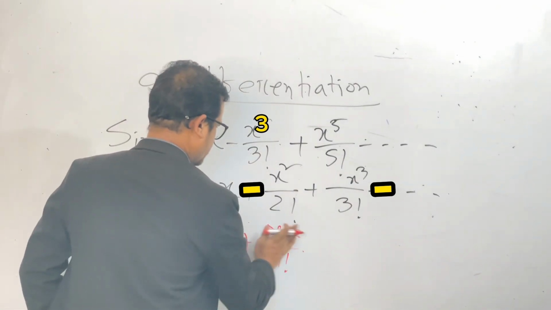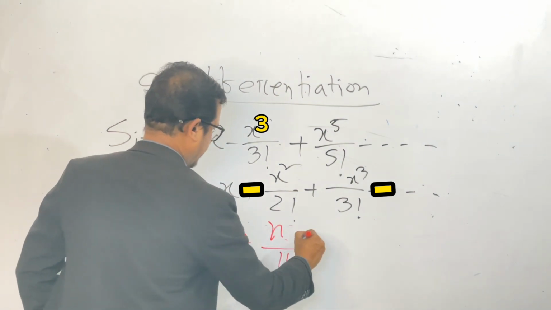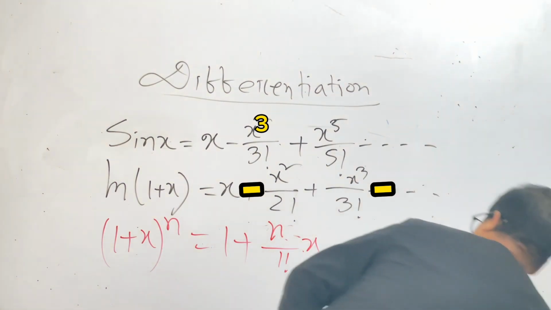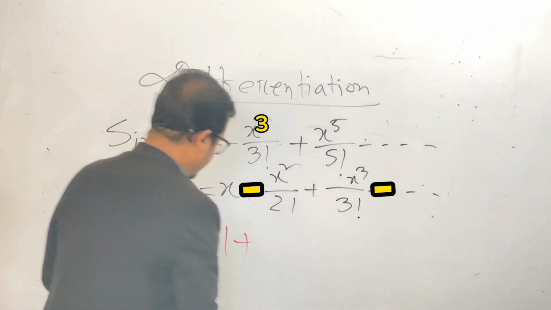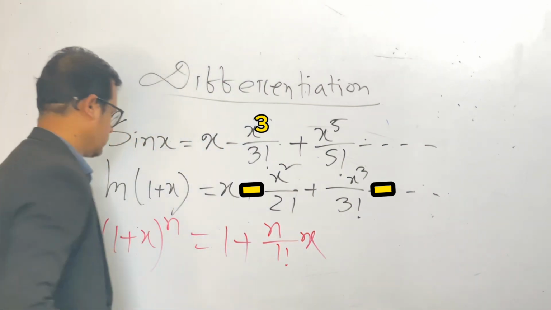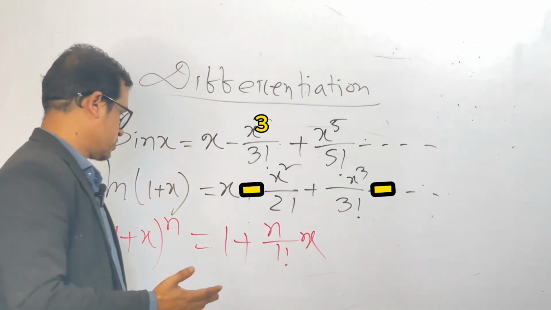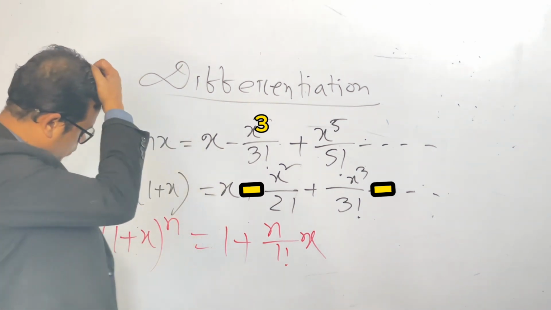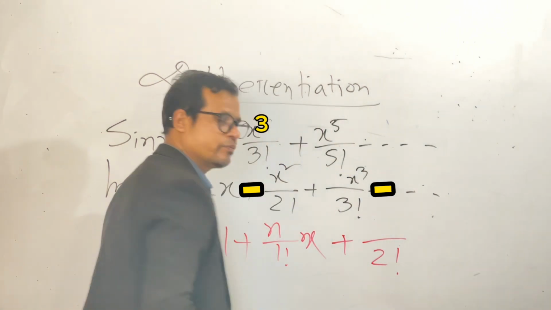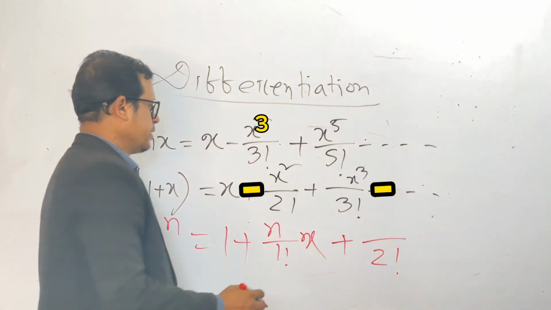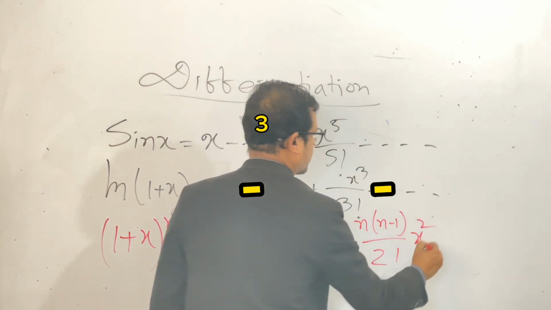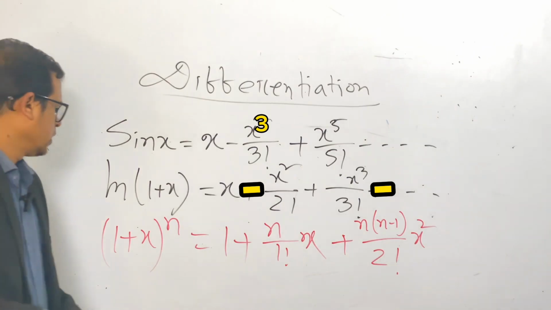Just remember and try to follow this. 1 plus n x over 1 factorial, and if you write 2 factorial, then n times n minus 1, x squared.